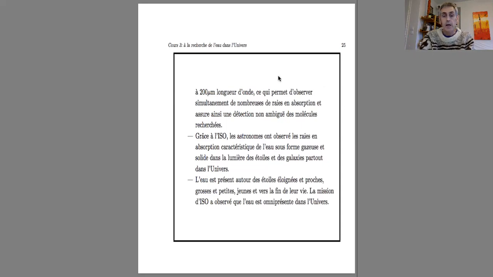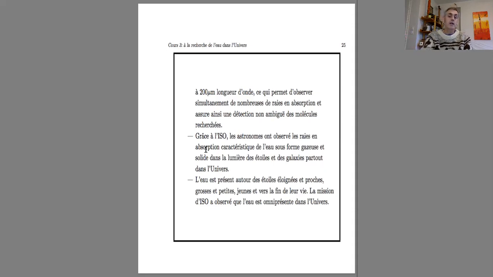But so that allowed the observation of many absorption lines, and hence the unambiguous detection of molecules, above all molecules, right? Because the spectrum of atoms are in the visible, and molecules have spectra in the infrared and microwaves.